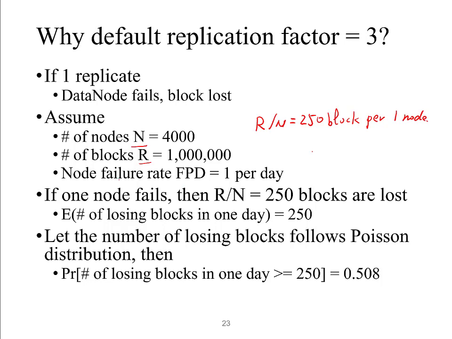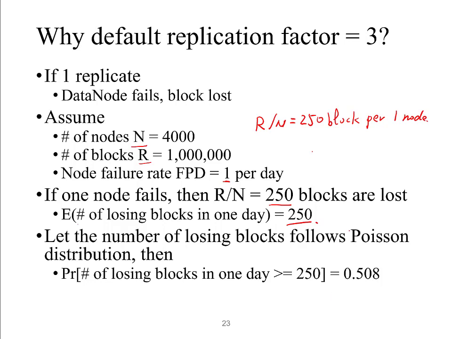Since the expectation of failed machines in 1 day is 1, the expectation of the number of losing blocks in 1 day is 250. Now, let the number of losing blocks follow a Poisson distribution.